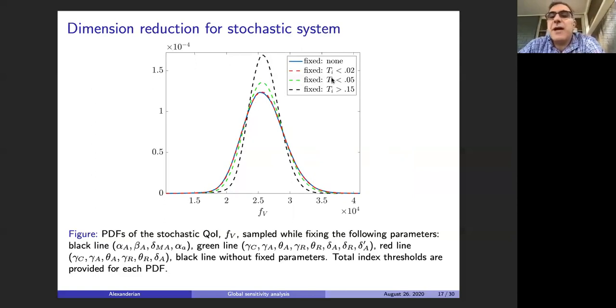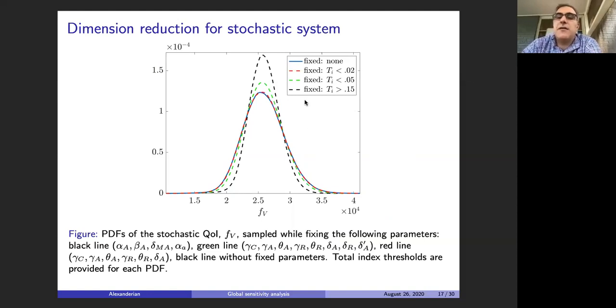If I fix the parameters based on the Sobol indices that I got from the deterministic model, that corresponds to the red one, where the indices are less than some tolerance, I see that I can capture the distribution of the stochastic quantity of interest well. So that already numerically also indicates that this is successful in terms of parameter dimension reduction here.